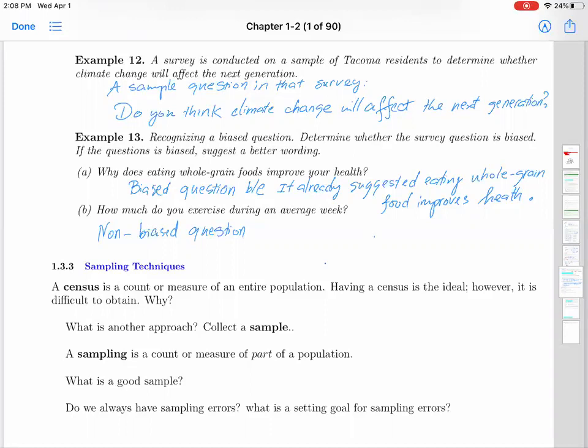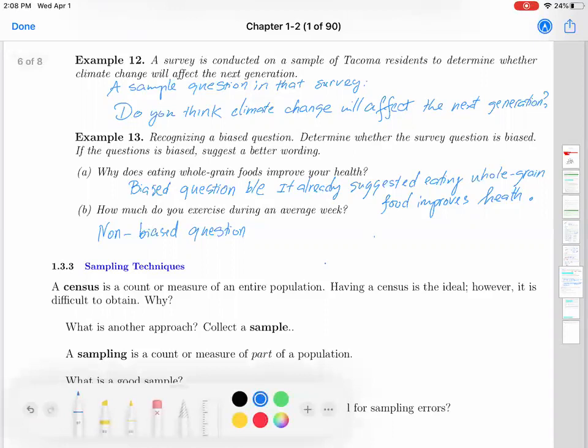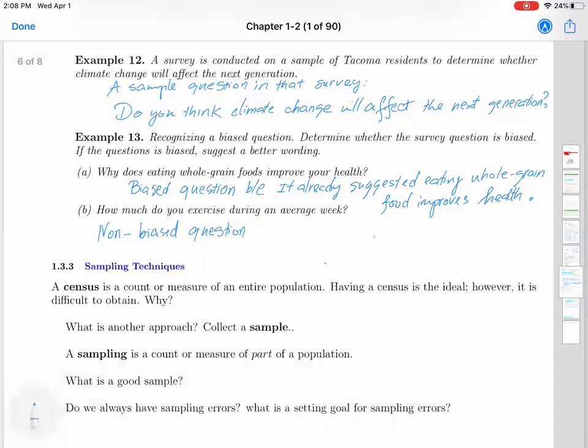It's biased because it already suggests that eating whole grain food improves health. So a better wording for this question can be, do you think that eating whole grain food would improve your health? Right.